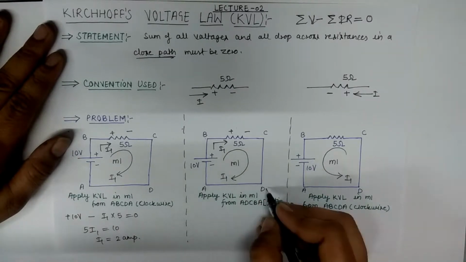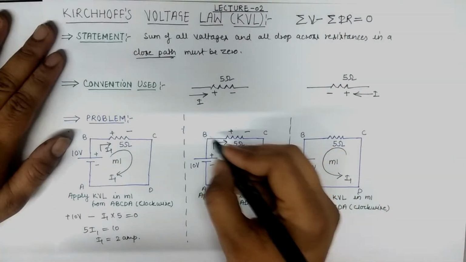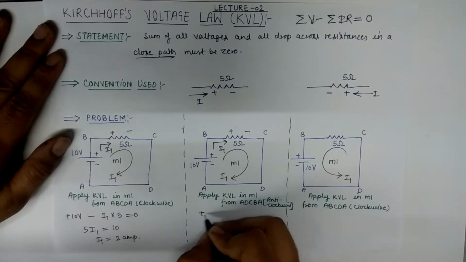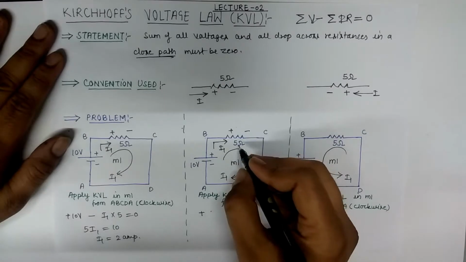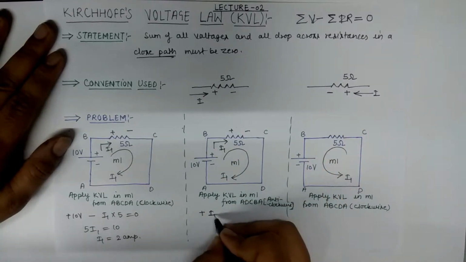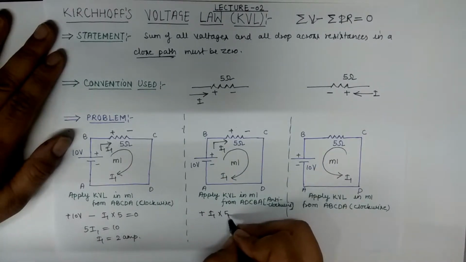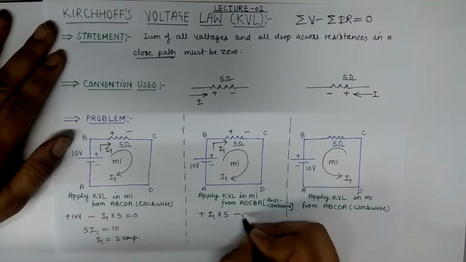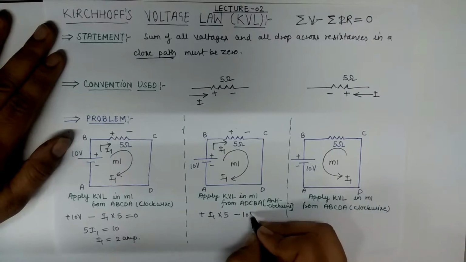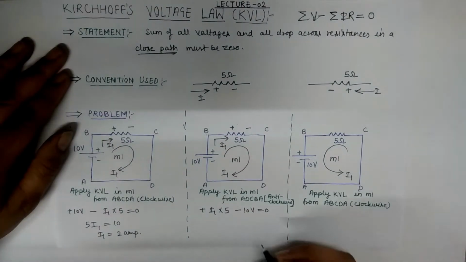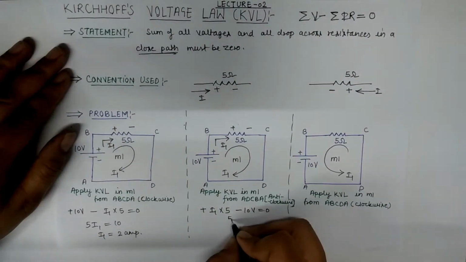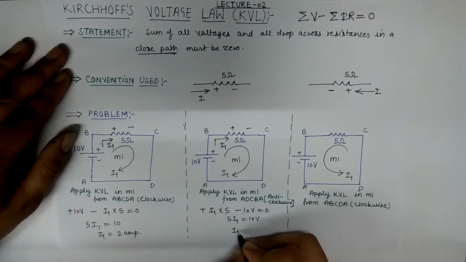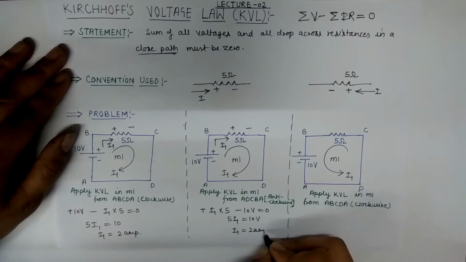We move A to D, D to C. Now C to B, the last polarity, plus of I1 into R, this is 5. Now coming to this battery, last terminal, minus of 10 volt. So we write this equation. After solving, 5 I1 is equal to 10 volt. So I1 is equal to 2 ampere.